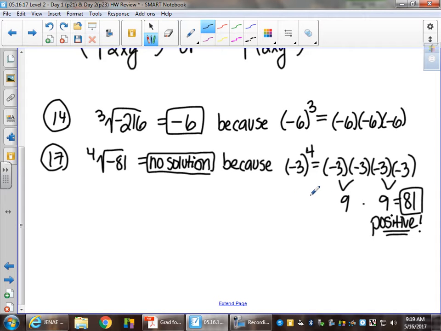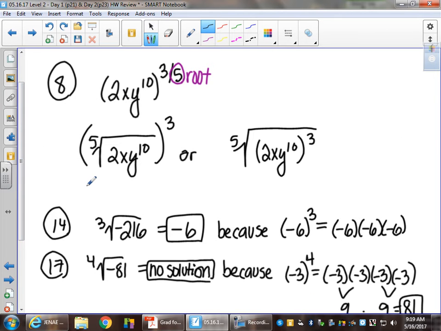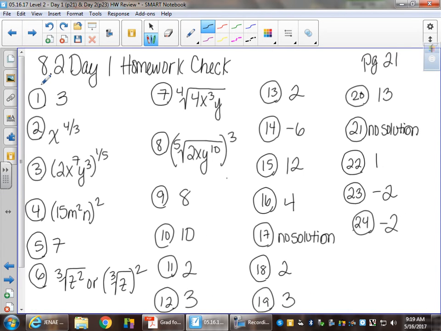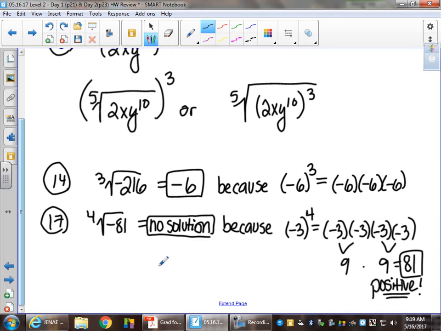Yes, question? Can you go back to the 23? How did you get that? Number 23? Let's talk about it. So that's a good one to talk about because we'll see what the difference is. 23 said negative 16 to the 1/4, no parentheses.